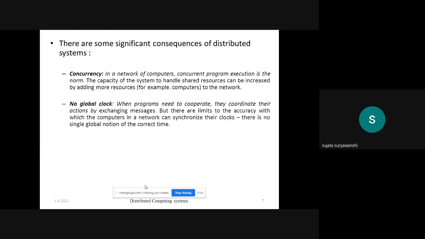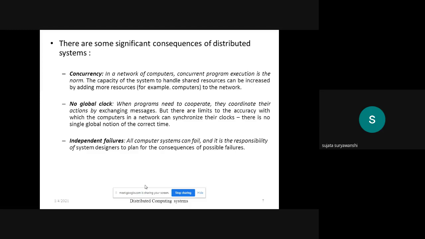Suppose one system wants to perform a specific task, it sends the data to a particular computer to solve the task and get the result, and that computer sends the result back. But if both systems are not synchronized, then a problem will occur. So to solve that problem, to correct that time, there is no global clock in the distributed system.